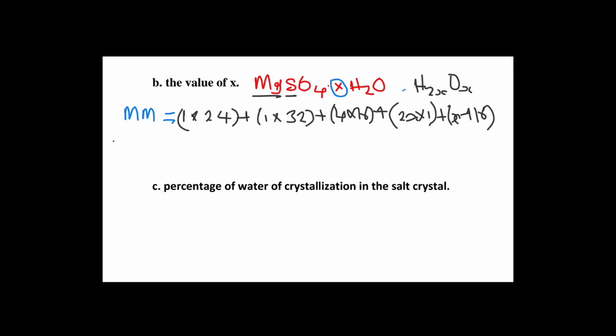So the molar mass here is 246 equals 1 times 24, which is 24, plus 32, plus 64, plus 2x, plus 16x.